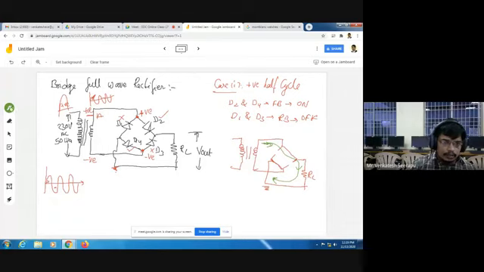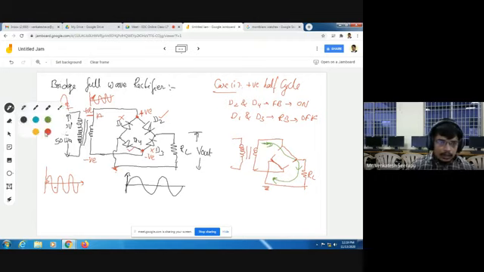Let us consider my input waveform, which consists of both positive and negative half cycles. So let us consider this is my output waveform.